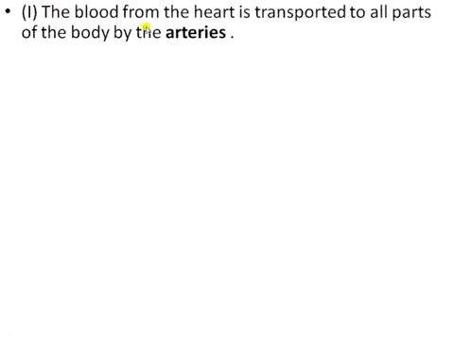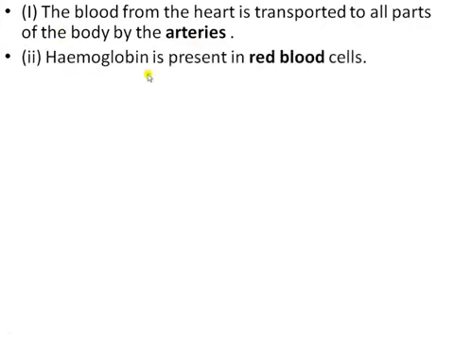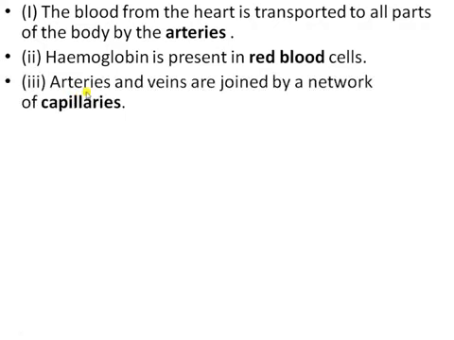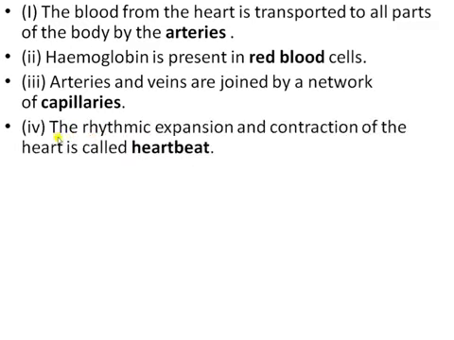So the answer of this question is: the blood from the heart is transported to all the parts of the body by the arteries. Second is: hemoglobin is present in RBC, that is red blood cells. Third one is: the arteries and the veins are joined by a network of capillaries. Fourth one, the rhythmic contraction and expansion of the heart is called heartbeat.